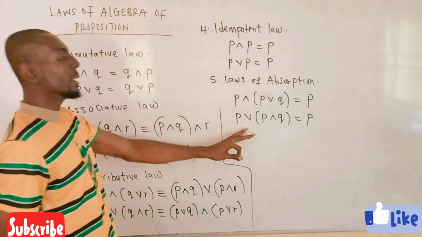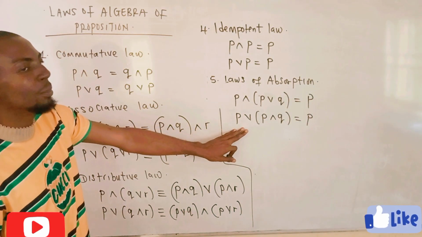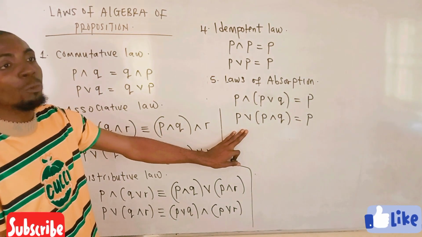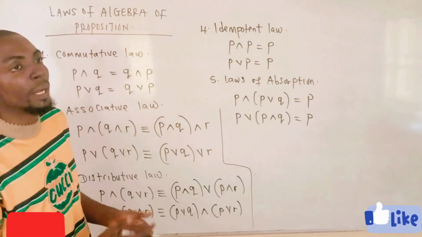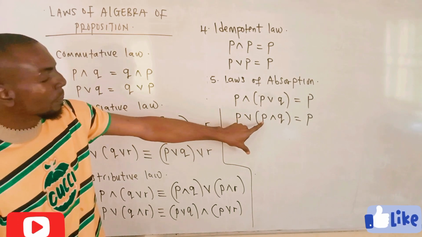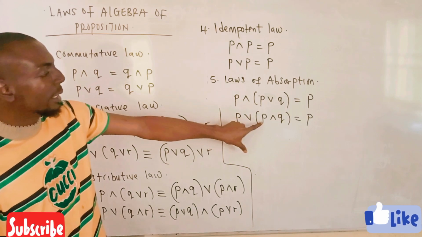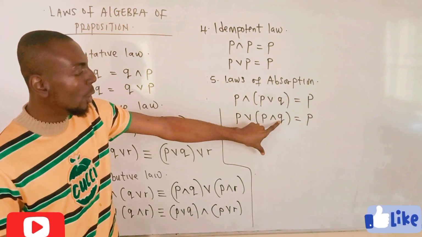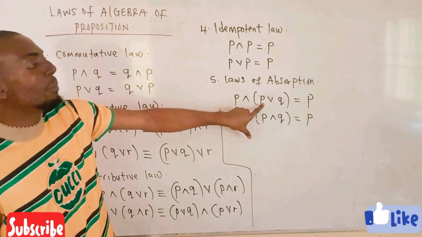Whenever you see a case like this, while operating with algebra of proposition, or trying to use algebra of proposition to prove a given compound statement, and you see the same proposition outside the bracket and within the bracket, then anything else here will be ignored such that P or P becomes equal to P, similar to what happens here.